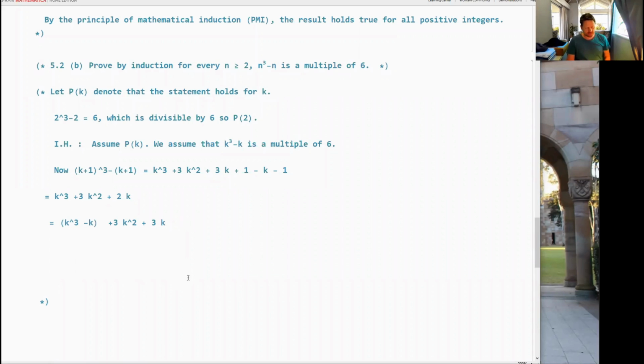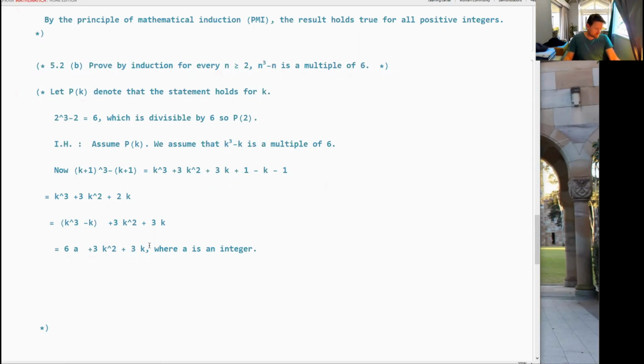Now that I've got that, I can use the induction hypothesis. That would say that this one that I've got in brackets here is divisible by 6, so I'll say that's 6a, where a is an integer.